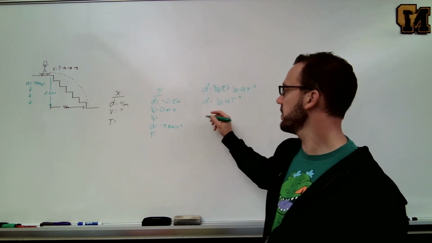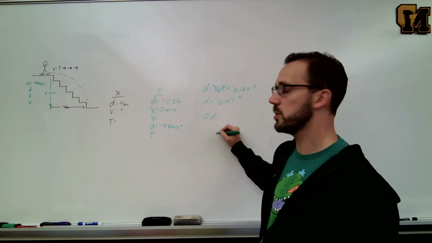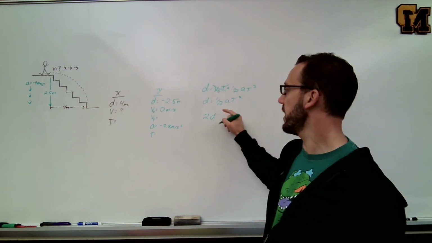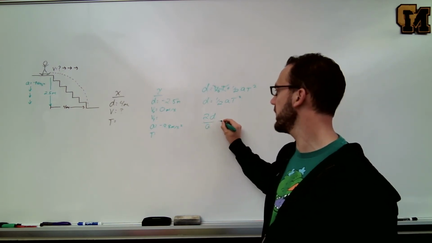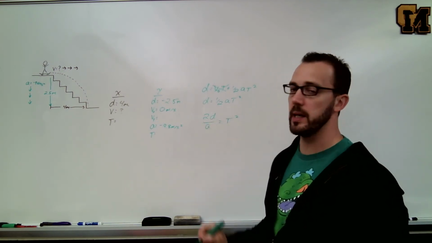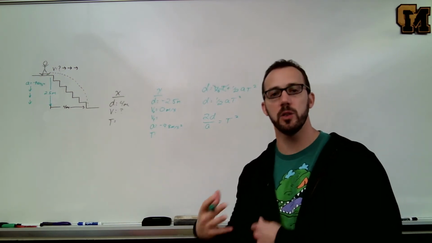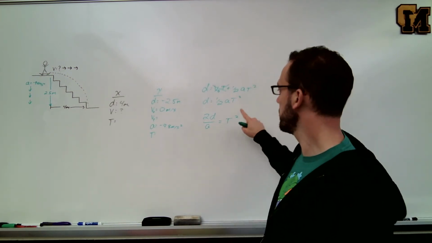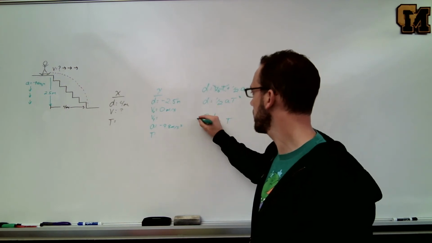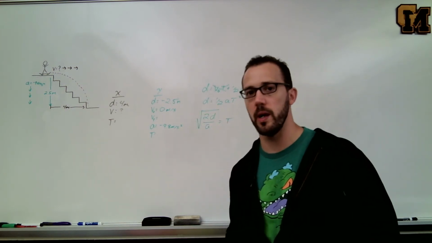To get rid of the half, I'm going to multiply by 2. That's why I have 2 on the left side, and I'm going to divide by a, so that's going to be in the denominator, leaving t squared by itself on the right. I don't want t squared though, I just want t, so I'm going to do the square root in order to get rid of the squared.